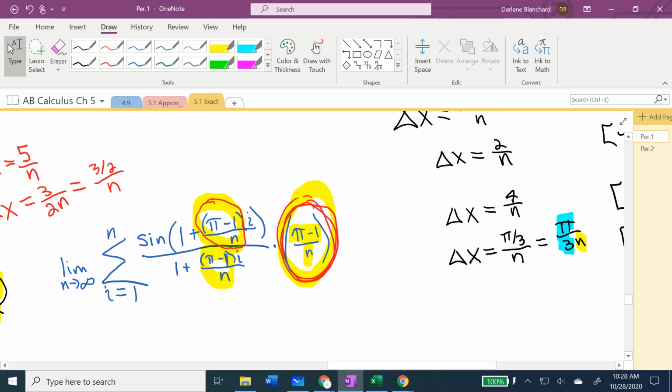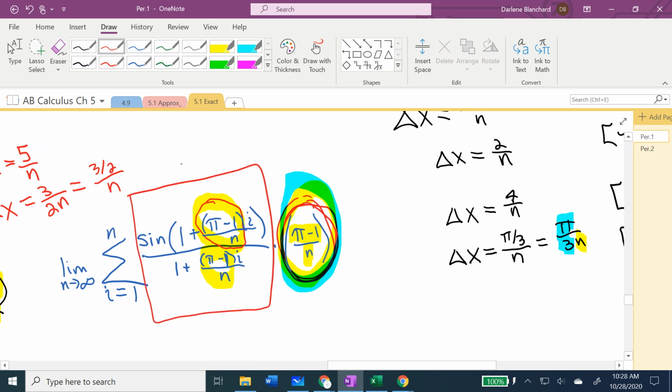One place you are going to find it is multiplied to the entire f of x sub I. So this big mess was our f of x sub I, but that delta x is multiplying to it.